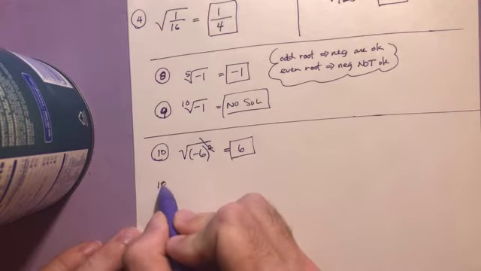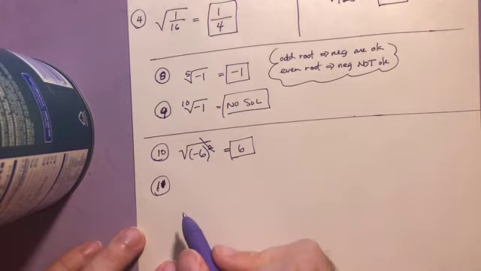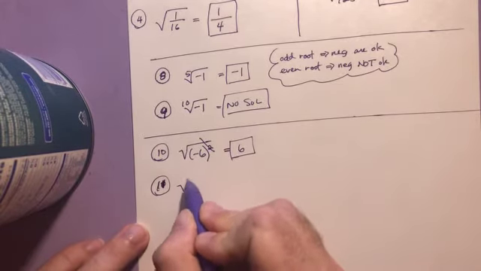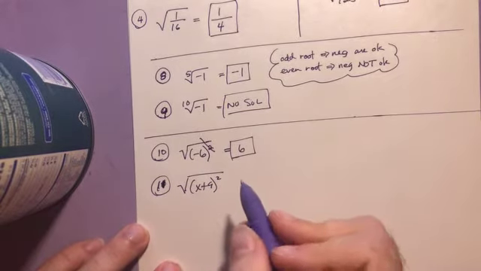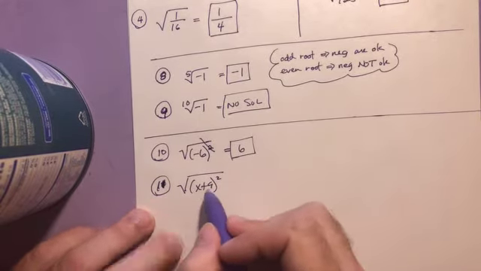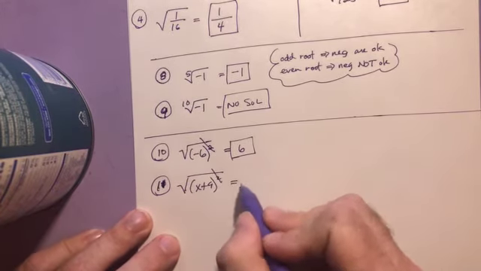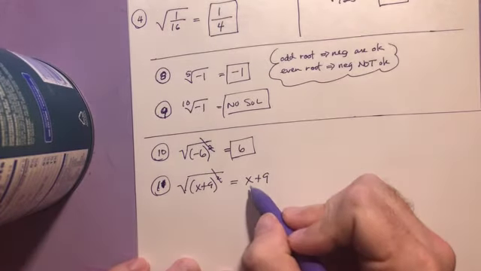So don't be fooled by negative powers if you have a square and a square root going on. I'm sorry, negative numbers. Here we have x plus 9 squared. And rather than multiplying this out by foiling and then taking the square root, which I can't do anyway, I'm just going to cancel that and put x plus 9. But here's the kicker. So x can be anything, right?